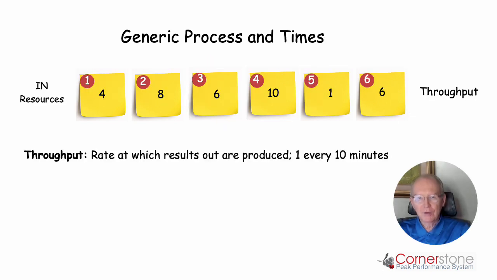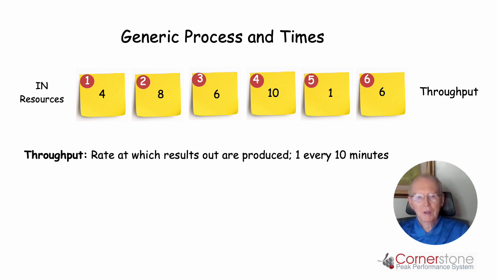I want to shift gears now and look at generic processes and times. And the first time I want to talk about is throughput. So in this diagram here, you have your resources in, and you have the 6 process steps. The black numbers in each one of the post-it notes is how long it takes for that step to actually be done. And then you get throughput. I'll talk about the TT and the cycle time later.